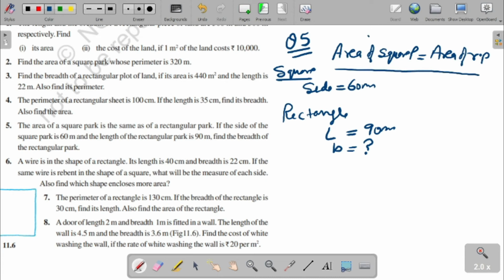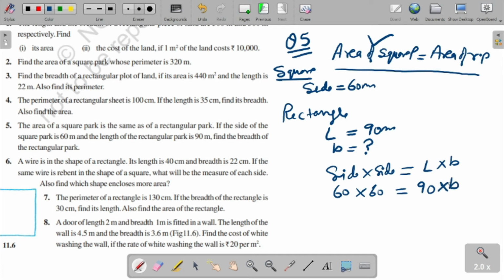In place of the square park area, we write side into side, and in place of the area of the rectangle we write L into B. In place of side we write 60 into 60. In place of length we write 90. In place of breadth we write B.